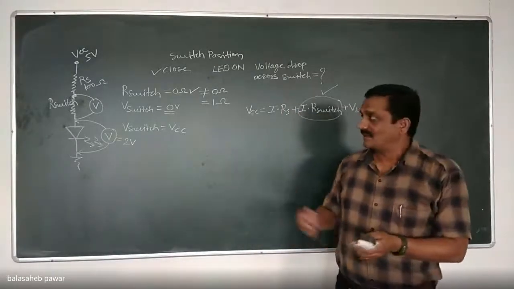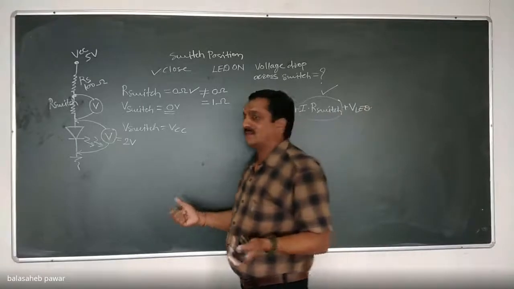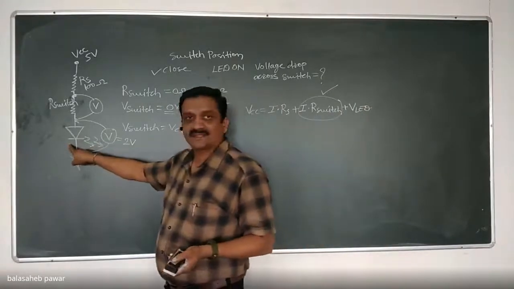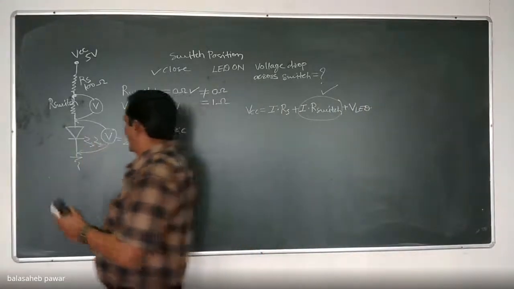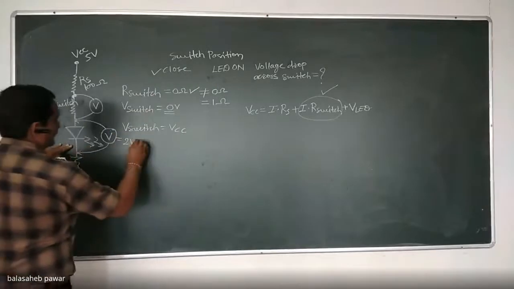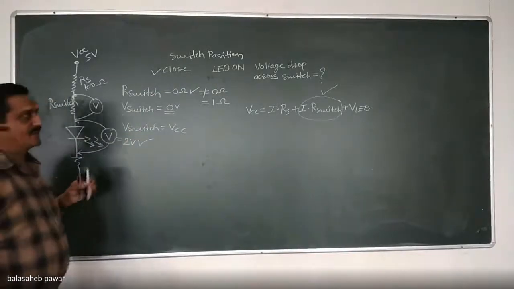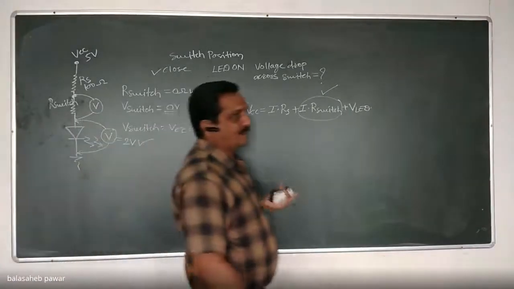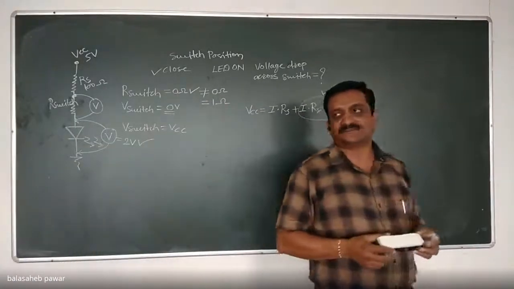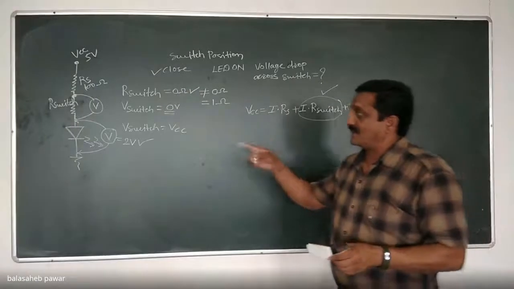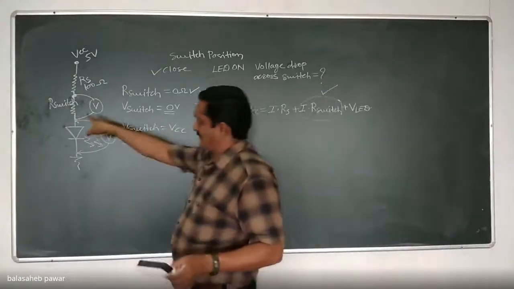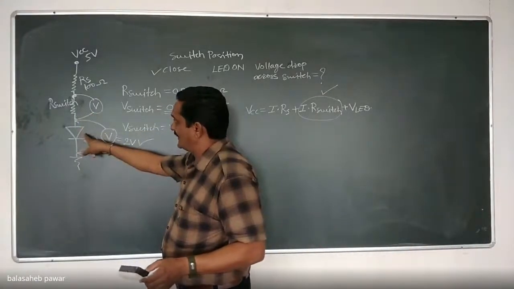Why is there a need to close or open the path? Because we have to operate this load, right? Whatever voltage drop will occur across that load, that we have to consider, because we have to operate that load, either that LED to turn on or to keep it in off position, right? So for that purpose, we are using the switch to turn on and turn off that LED, correct?